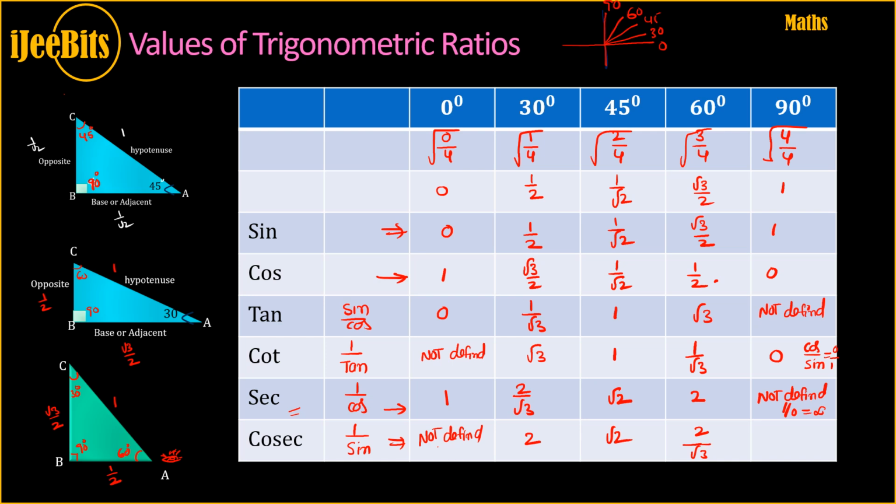Then this would be 1. Any clarification? So for cosecant: not defined, and 2, and 2, and the last would be 1, because secant of 0 is 1.